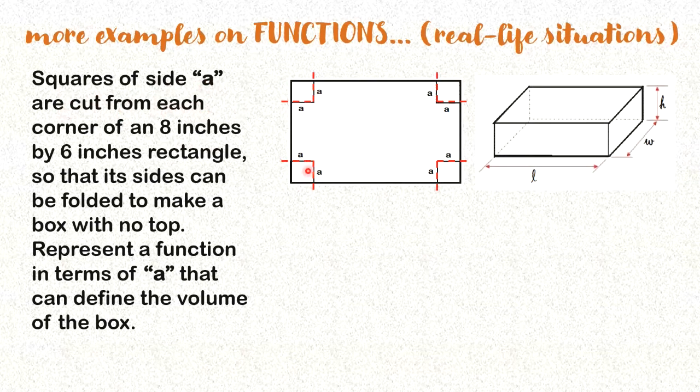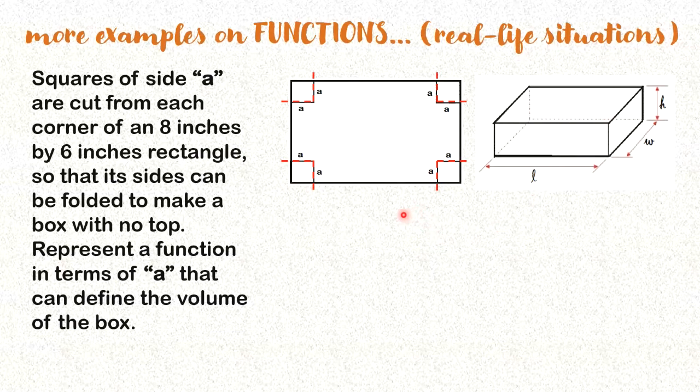So ito yung mga squares na kinat sa bawat corner. After cutting all the squares here, i-fold nyo yan pataas, and then you're going to have this box here. Walang cover sa taas, butas. So I hope you can imagine that.